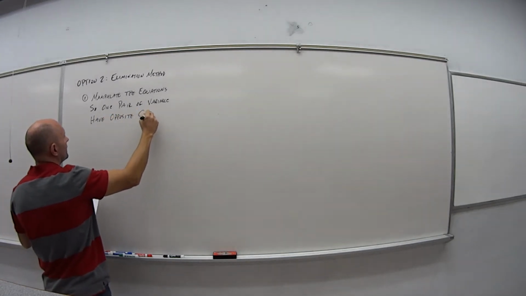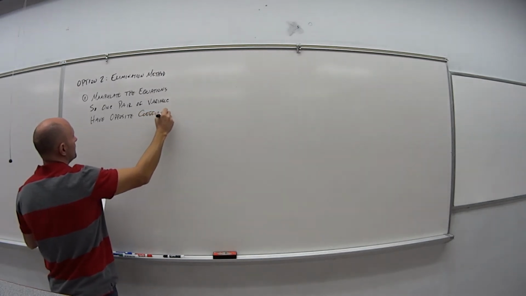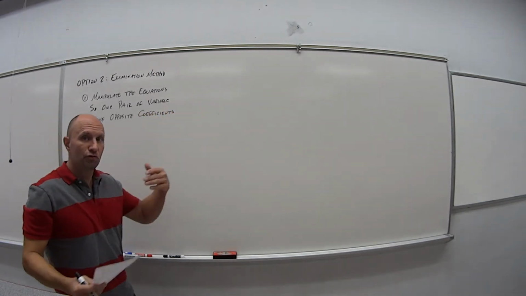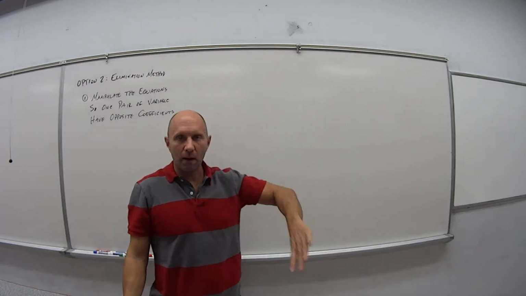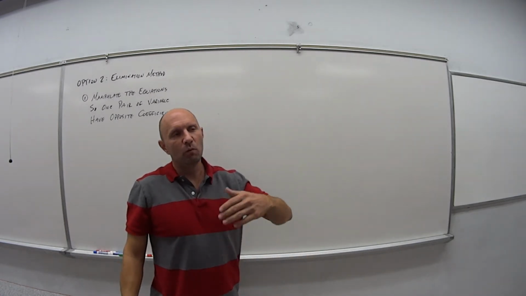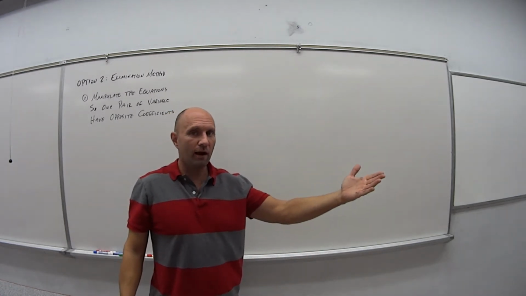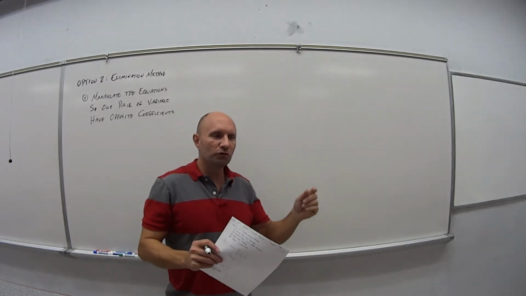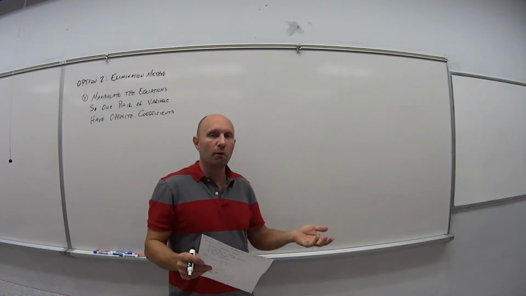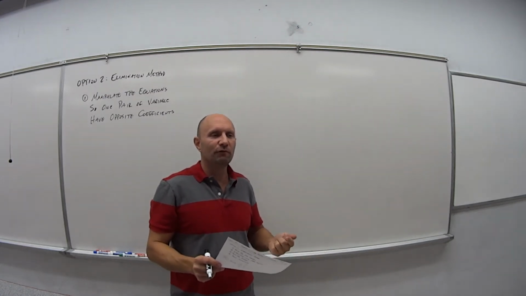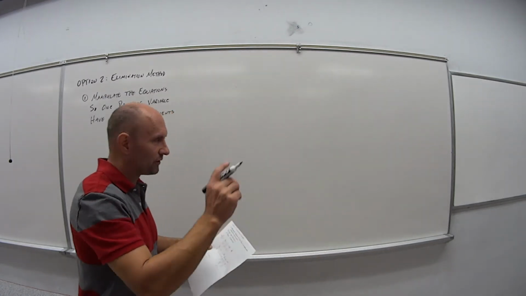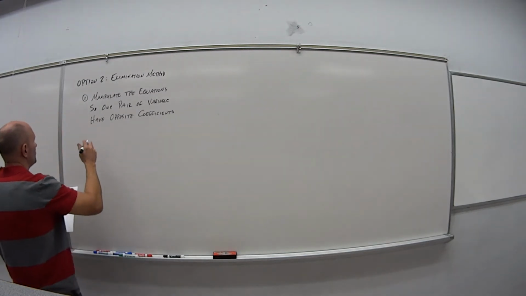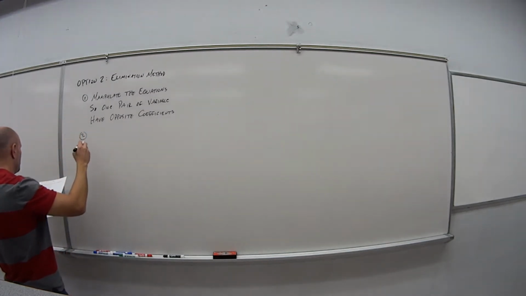What I want to get is, for instance, maybe one equation has 2x, the other equation has minus 2x. Or maybe one equation has 5y, the other equation has minus 5y. I want to multiply one or both equations by some value so that I create opposite coefficients between one of the pairs of variables.